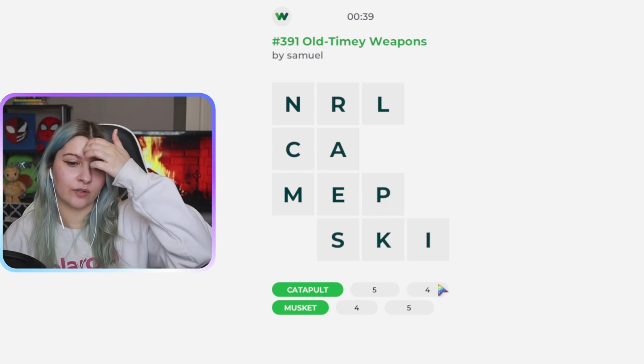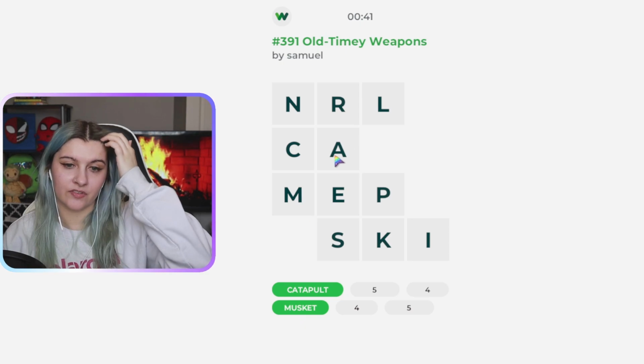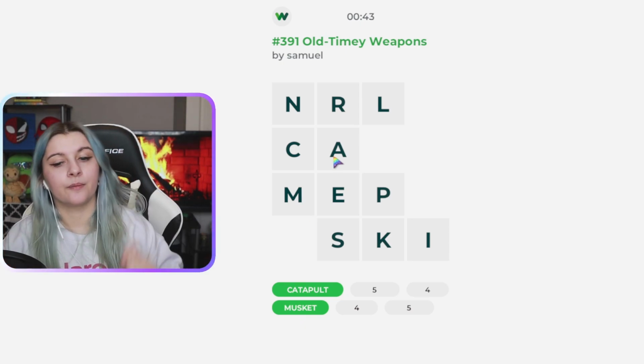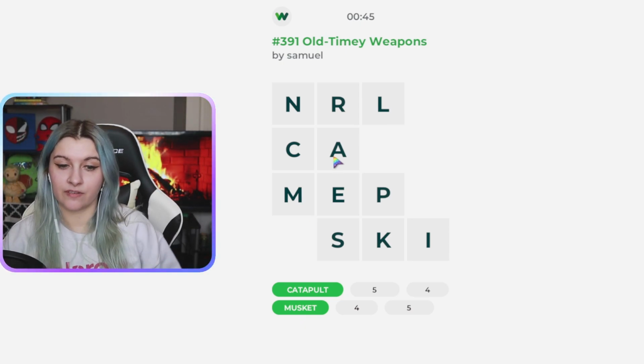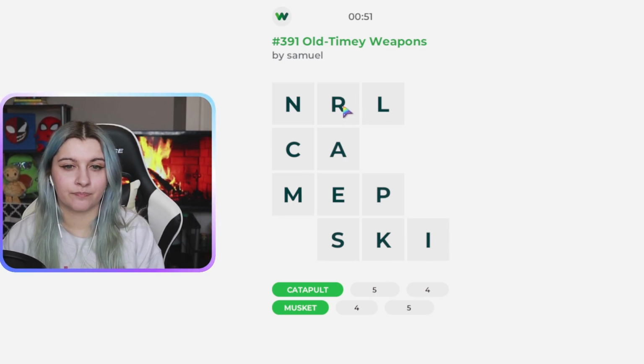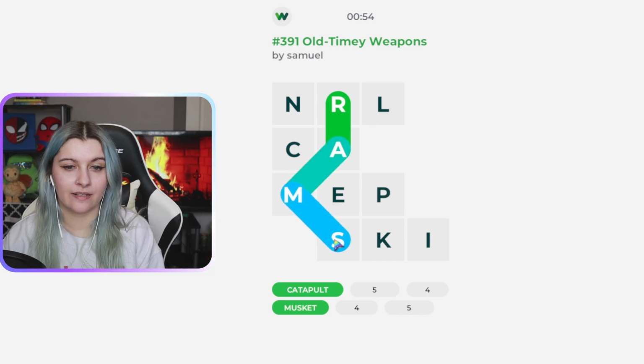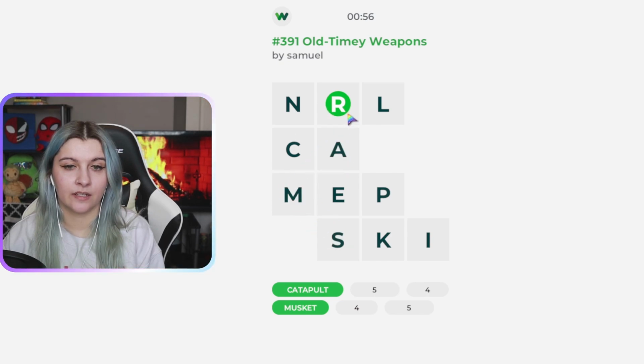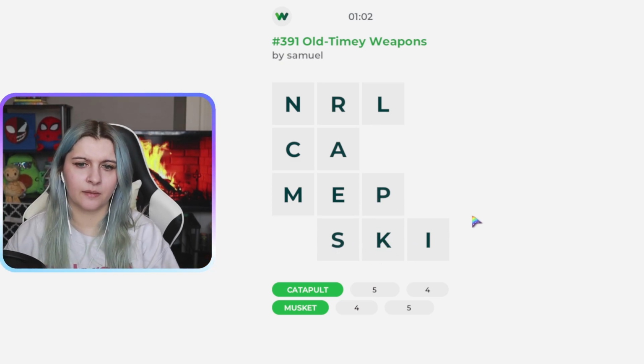Okay, 5 letters and 4 letters between catapult and musket, so nothing's gonna start with an A. We also have 4 letters and 5 letters after musket. So like an R, a battering ram. Rams? That seems pretty good. This P, K, I, and S is interesting.